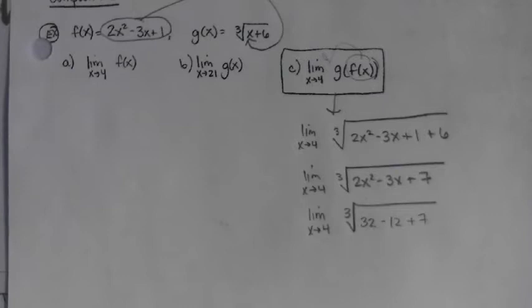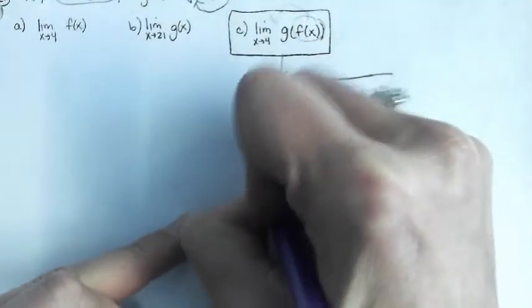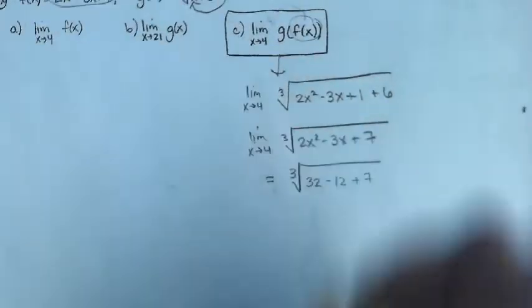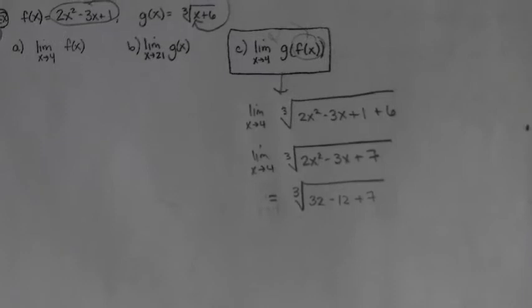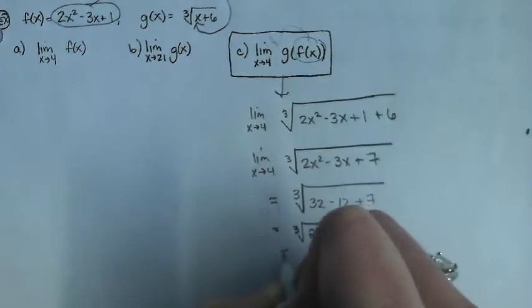Liam. Right. I shouldn't have written this limit as x approaches 4 because I'm in the process of directly evaluating. So I should have lost that there. So 32 minus 12 is 20. 20 plus 7 is 27. So it's the cubed root of 27, which is 3.